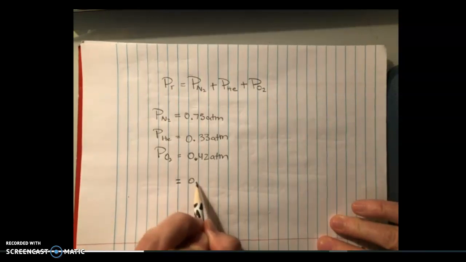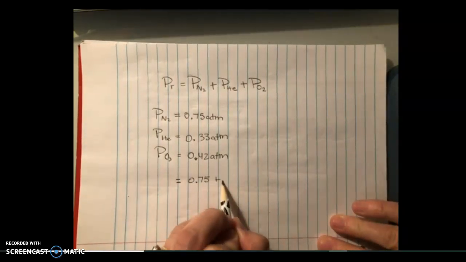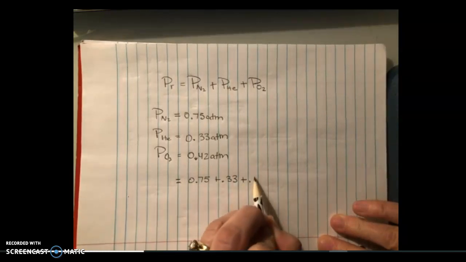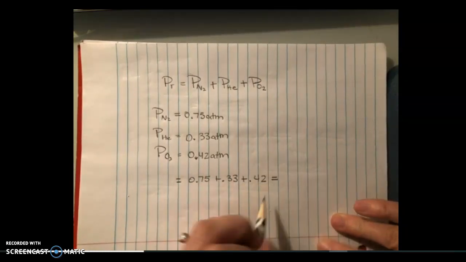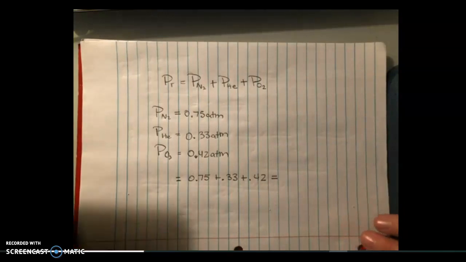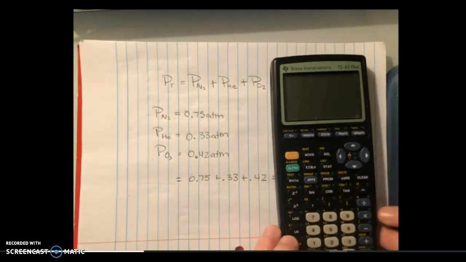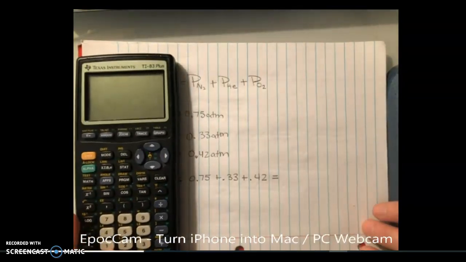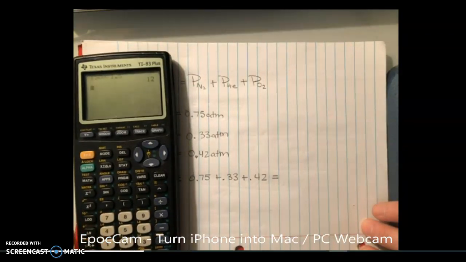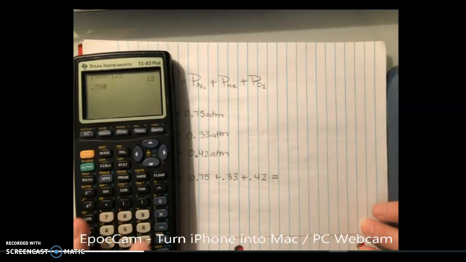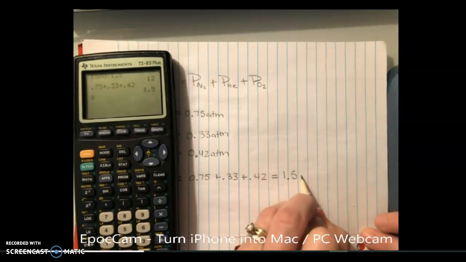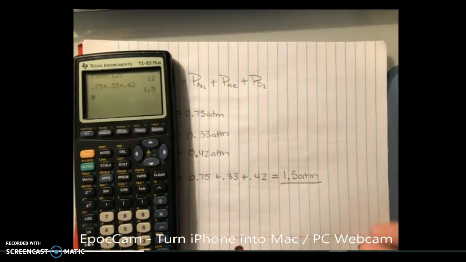So we would do 0.75 plus 0.33 plus 0.42. All my units are the same, so I don't have to worry about an issue with my units. 0.75 plus 0.33 plus 0.42, and I end up with 1.5 atm. Okay, this is going to be the most straightforward way of solving this problem.